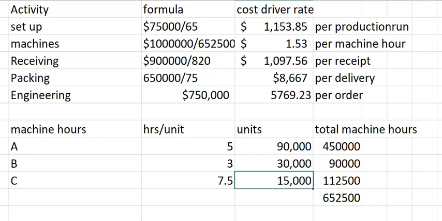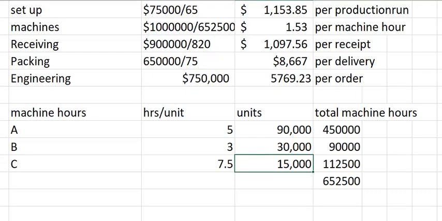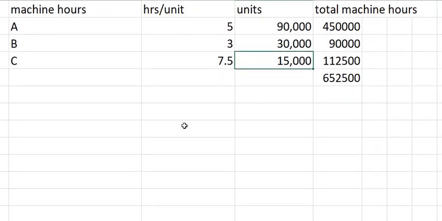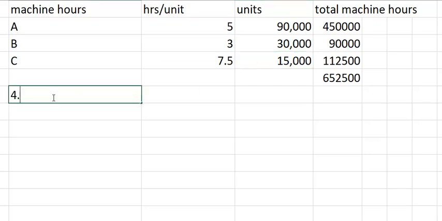Alright, so that's step number 3. Yeah, the most crucial one is step number 3. Then step number 4, you absorb activity cost into each product.